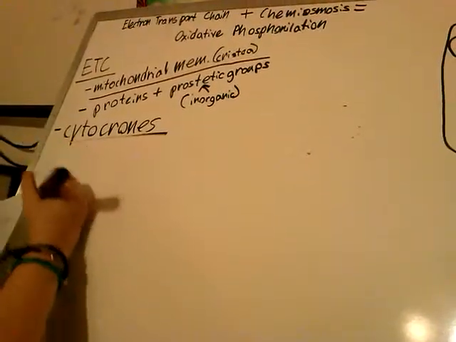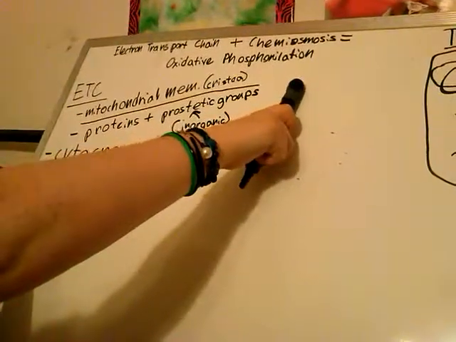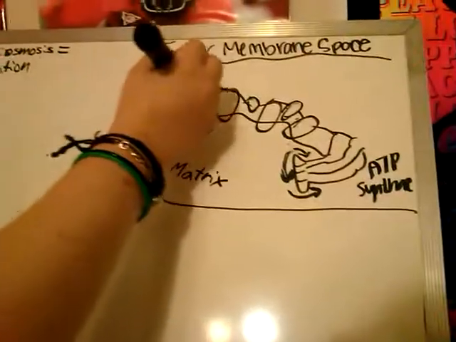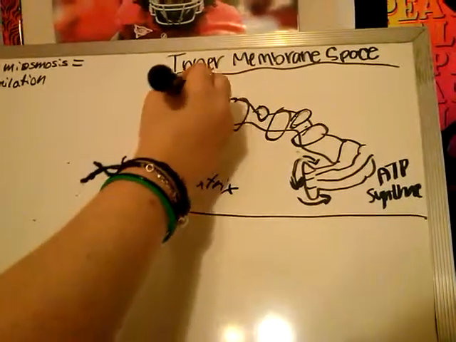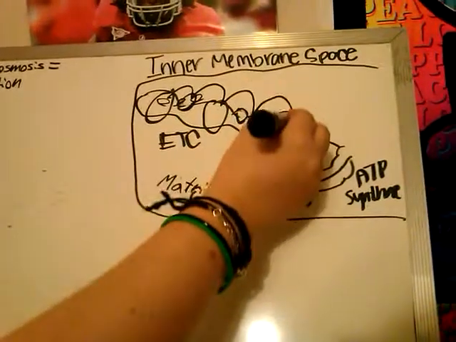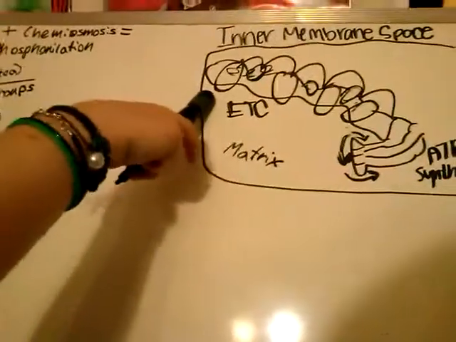The big picture is that the electron transport chain involves passing electrons from one to another of these proteins. As they go, they give off energy which powers the protein.